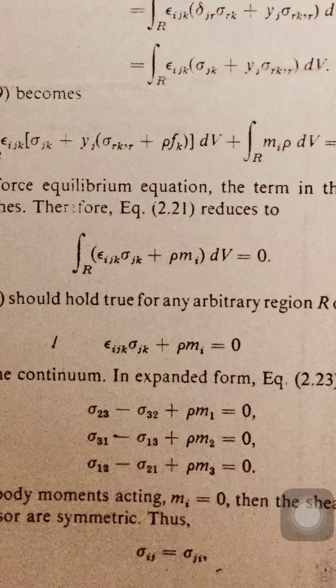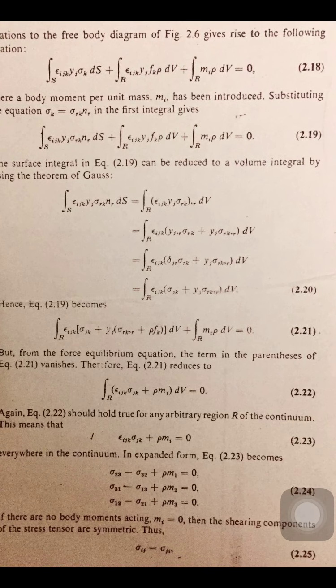Okay, we say the shearing components of the stress tensor are symmetric because i and j are not equal here. Sometimes this question may be asked also: prove that shearing components are symmetric.